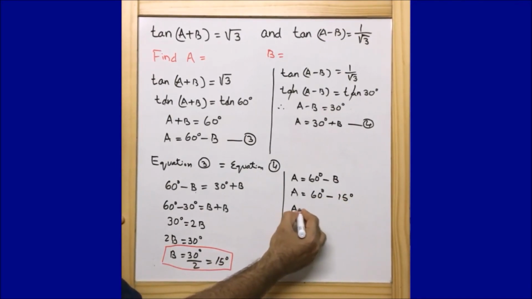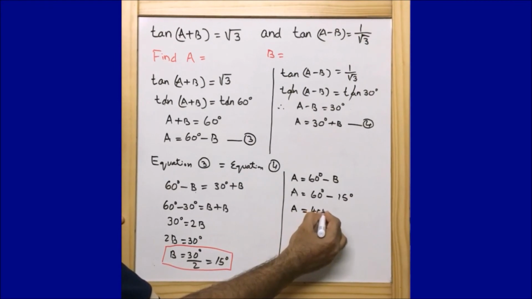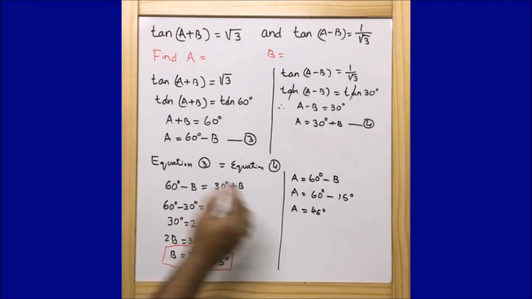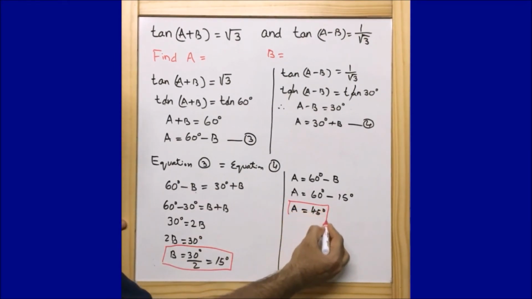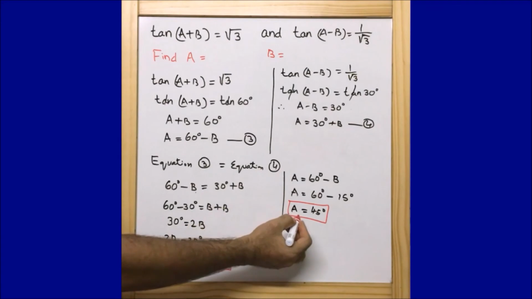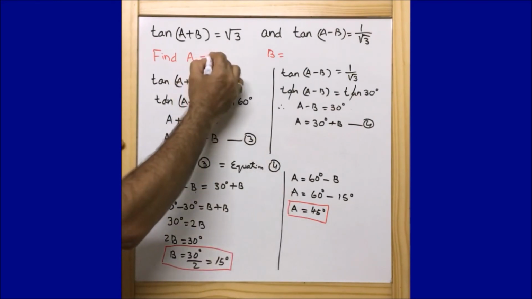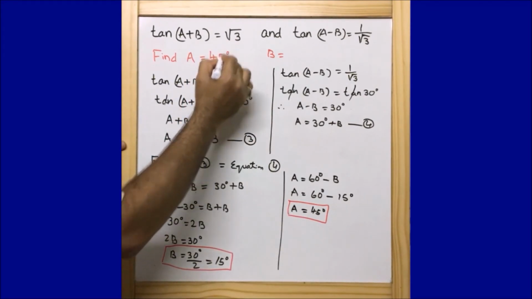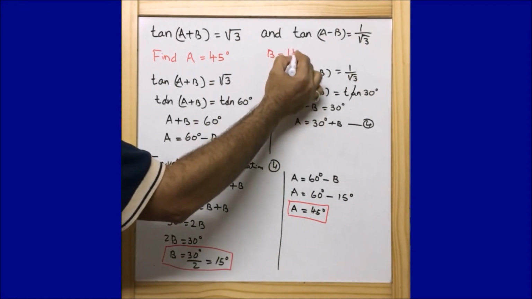So I can say a is equal to 45 degree. This is the other value. So guys, you could see that we are able to extract the values of a and b. The given question was find the value of a and b. Here a is 45 degree and b is 15 degree.